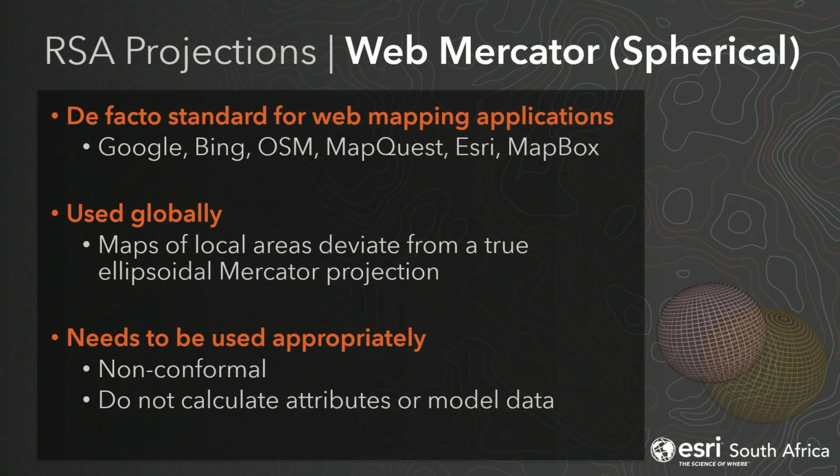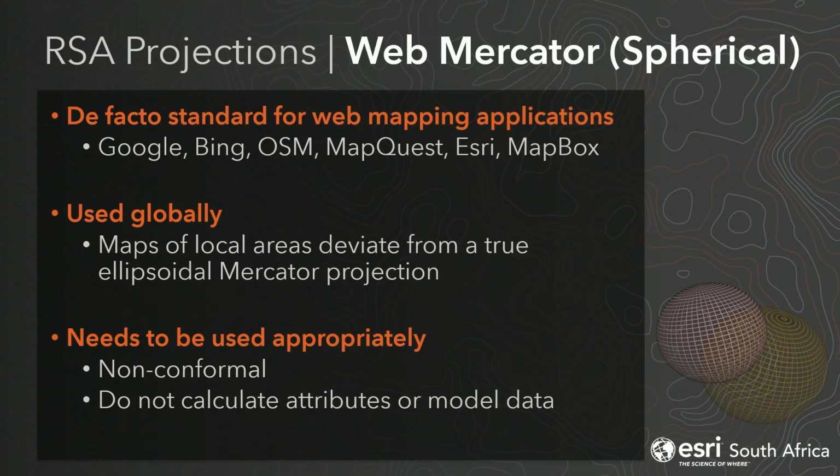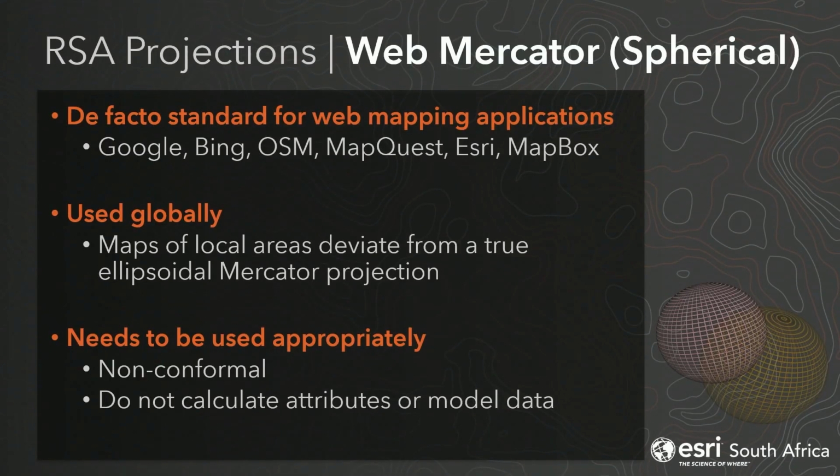Now, I know I highlighted some of the issues with the Web Mercator projection a bit earlier, specifically when it came to area and length, but let's look at this. It's become the de facto mapping standard for web-based applications such as Mapbox, Esri, MapQuest, OSM, Google, because many people are not printing maps anymore, but they want to have a projection that works globally. So this is used globally, and this works.